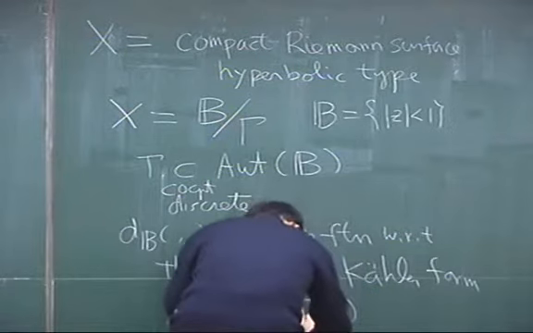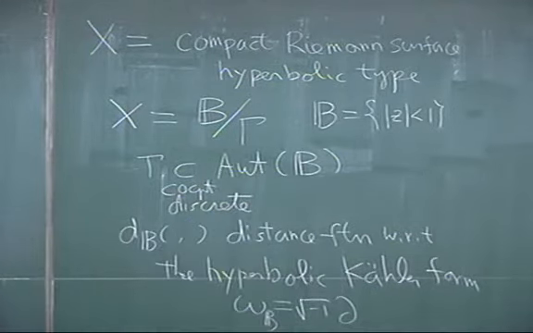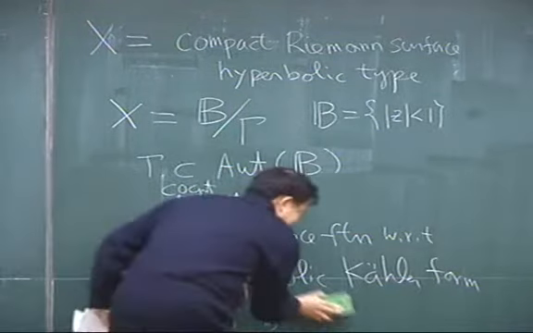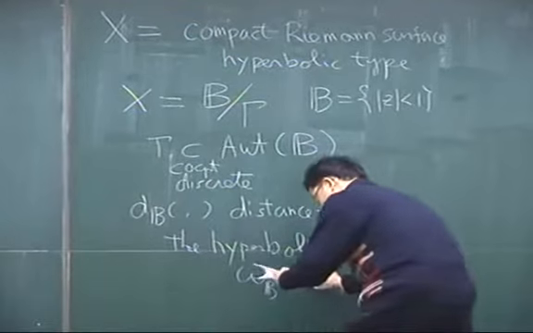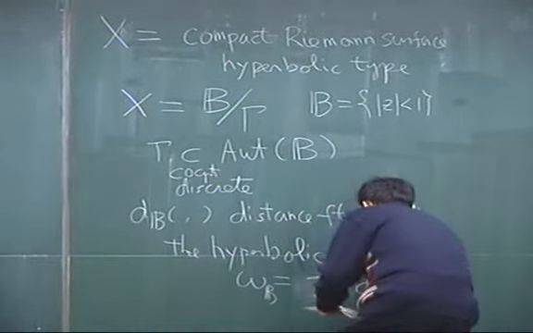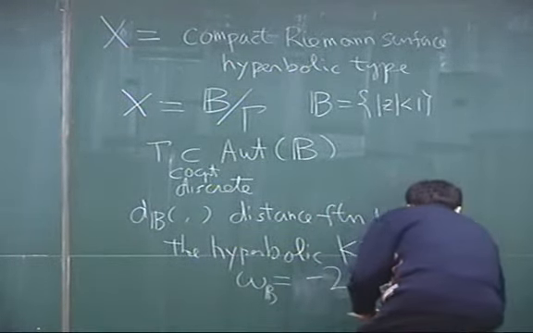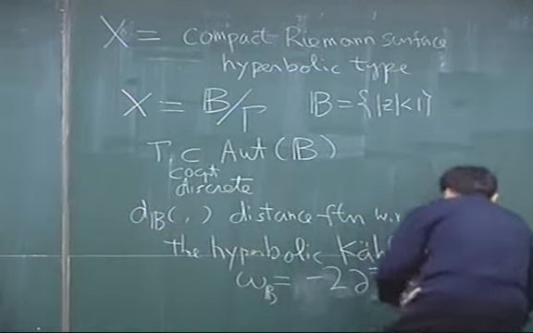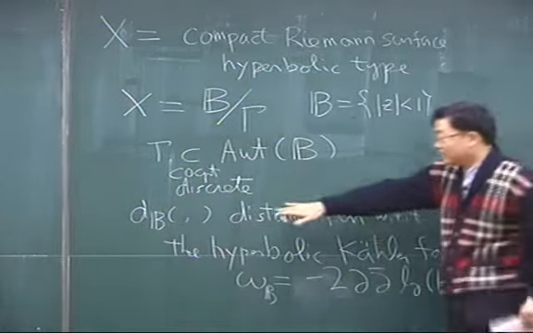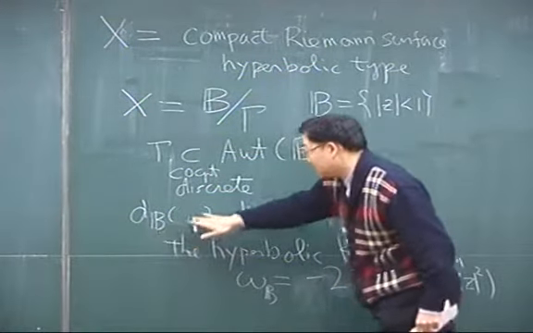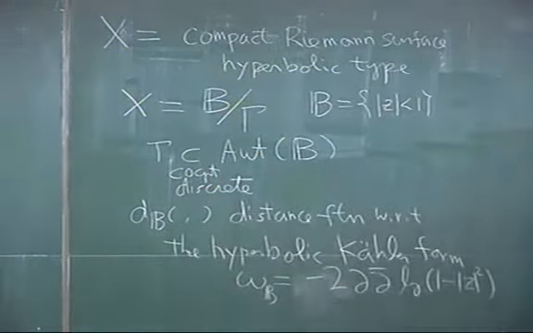I forgot 2. No. This constant I never get correct. This is minus 2 d. Okay. So there's a natural Poincare metric. So we denote by d_B the distance function with respect to this Poincare metric.